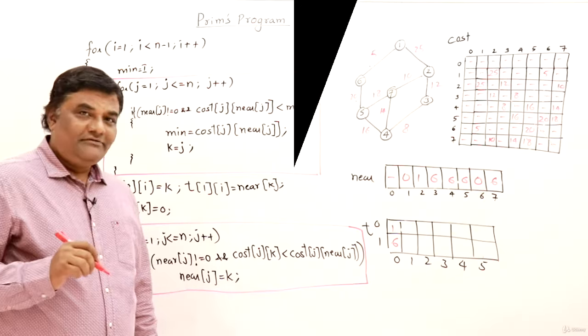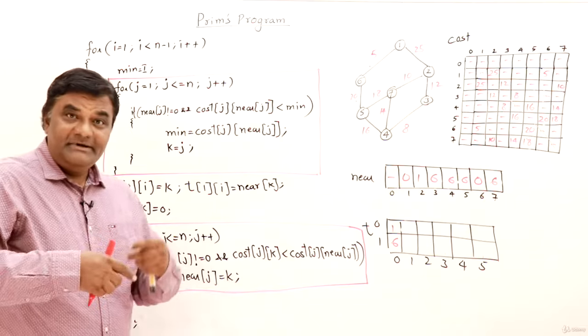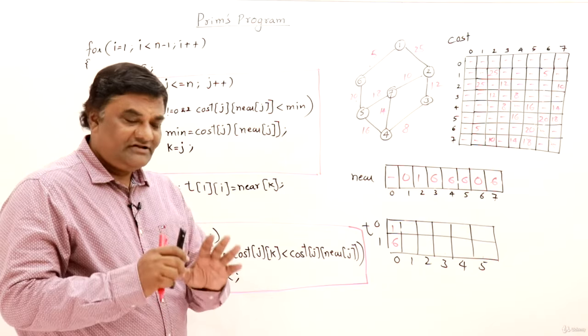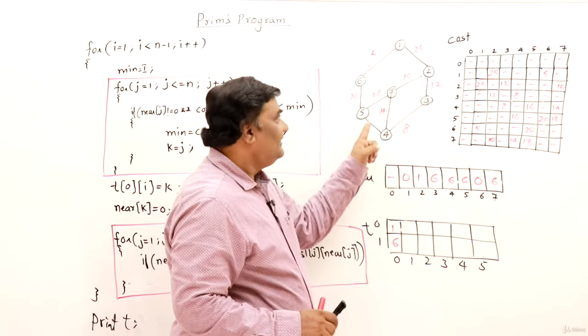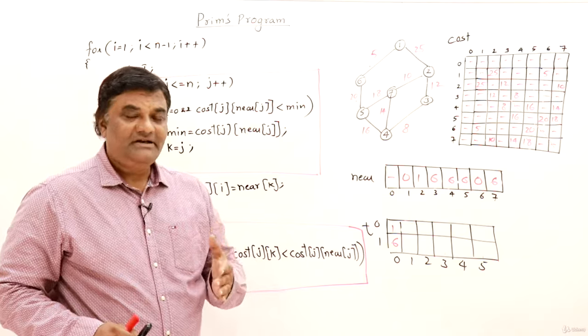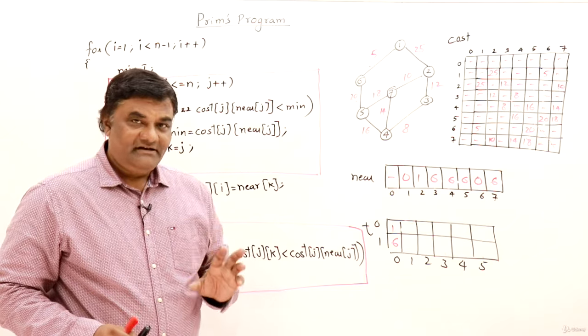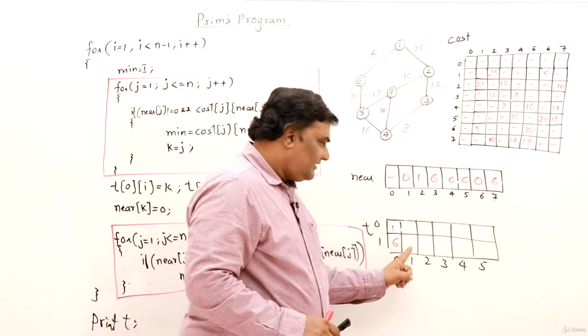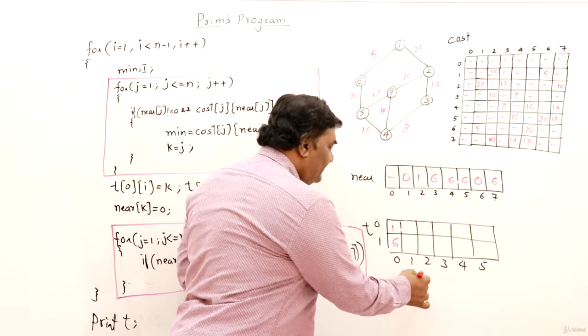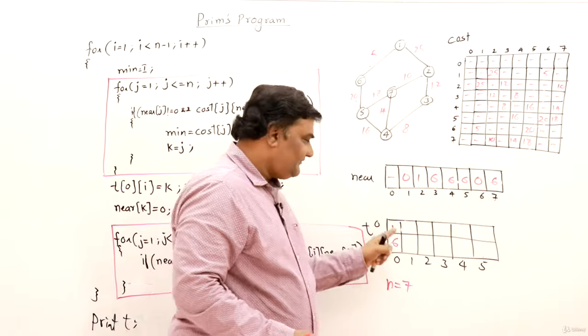Here is the remaining part of Prim's algorithm, the repeating steps. See, one edge we have already got in the initial step, this one. And because there are 7 vertices, we need 6 edges for forming the minimum cost spanning tree. So one is already over, remaining are 5. There are n vertices, that is n is 7. We need 6. Out of that, 1 is already taken.